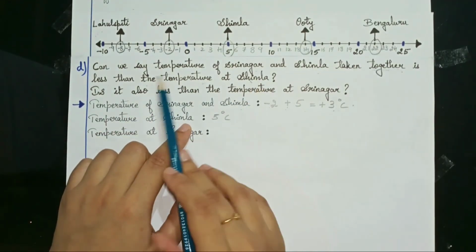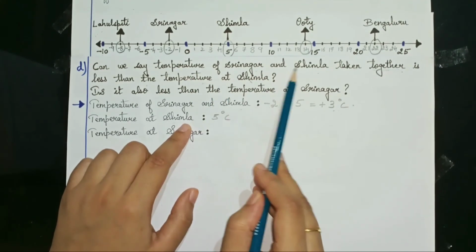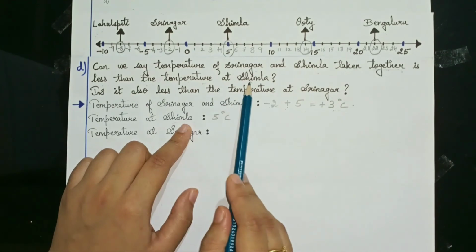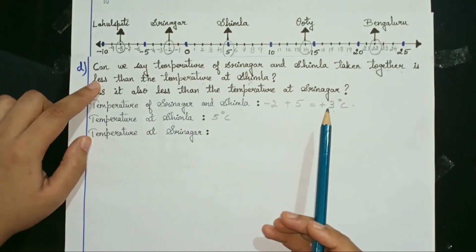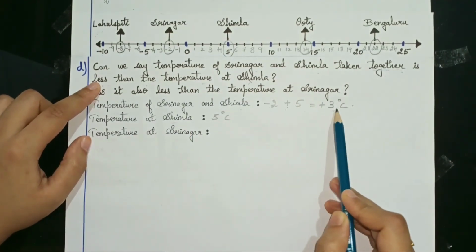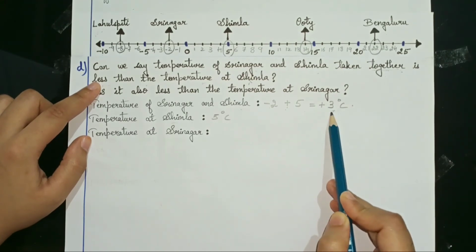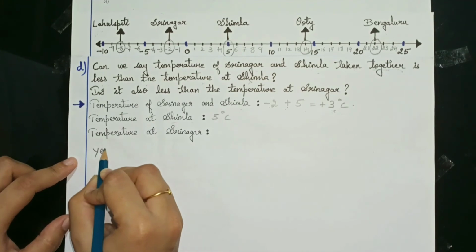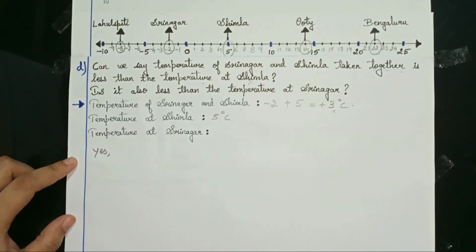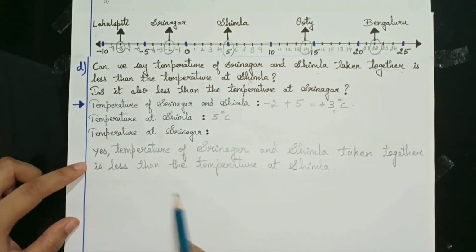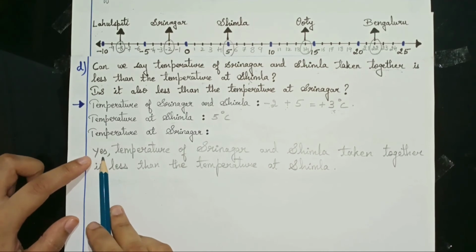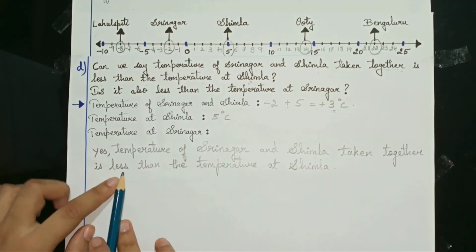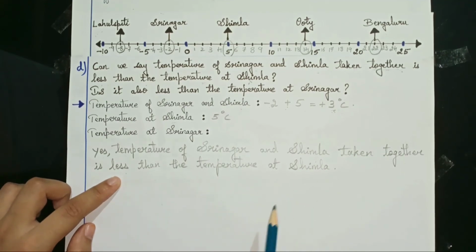So can we say that the temperature of Srinagar and Shimla taken together is less than the temperature at Shimla? Yes, it is less, right? So you have to write there, yes, the temperature of Srinagar and Shimla taken together is less than the temperature at Shimla alone.